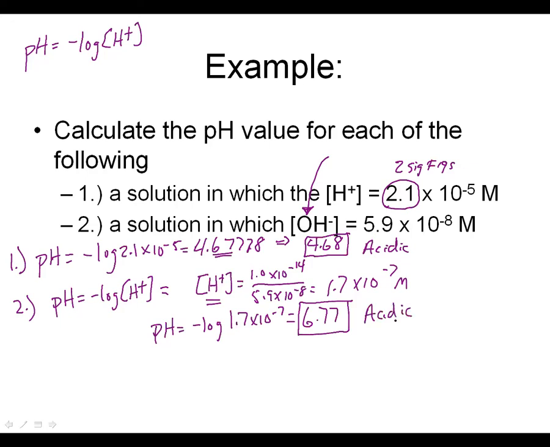Now, if you happen to have got this number when you did it, 7.23, again, because you used the OH minus, you didn't actually calculate the pH. The good news is you did calculate something. What you calculated was not the pH, but what is known as the pOH.